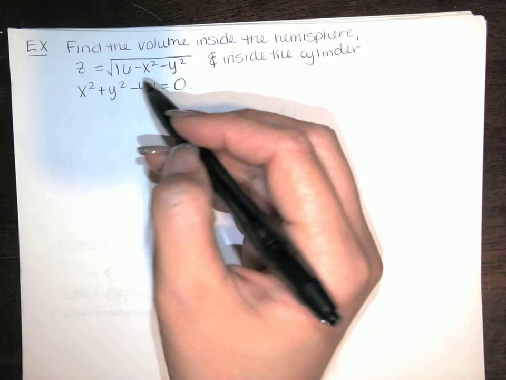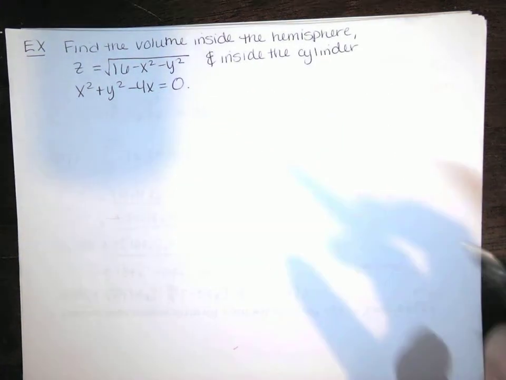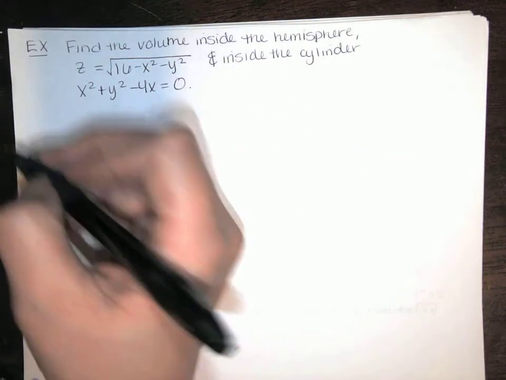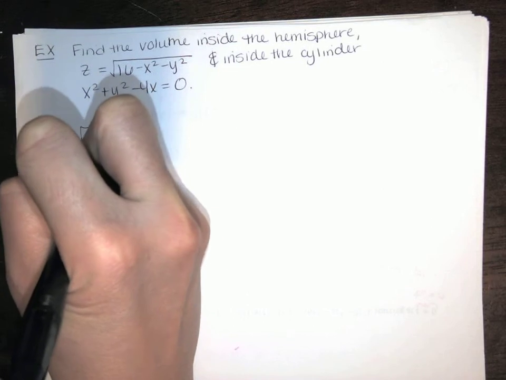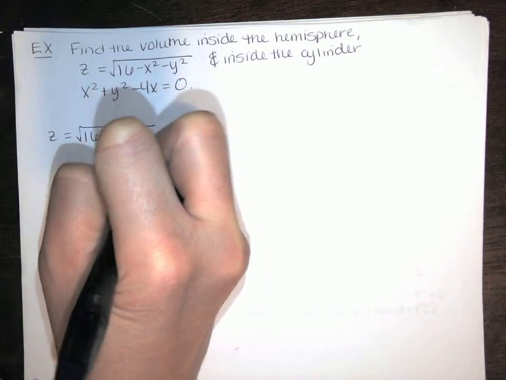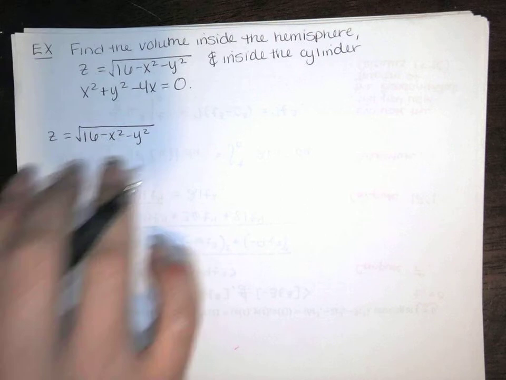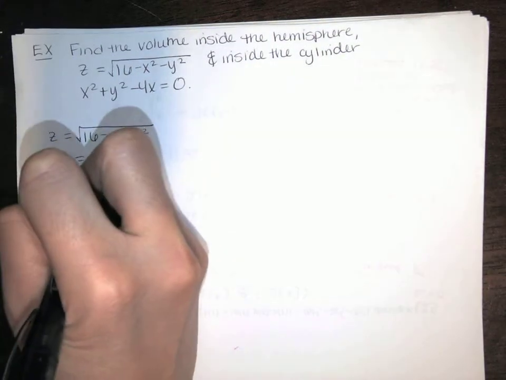So let's draw the hemisphere and then draw the circle in the xy plane and imagine extending it to find out what that volume looks like. So, okay, they told us this was a hemisphere. Now, if you don't believe that person, you can rewrite this so that it looks more like a sphere by squaring both sides.